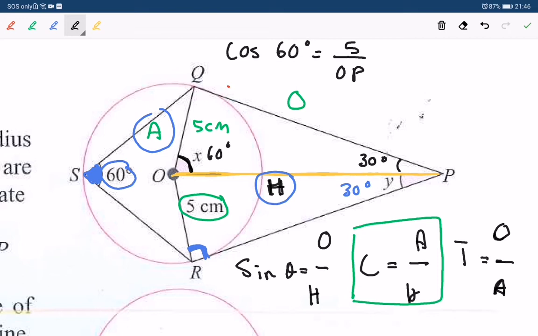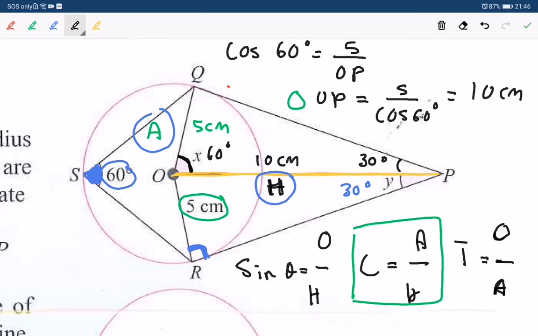Okay, so OP equal to 5 divided by cos 60. 5 divided by cos 60 equal to 10 cm. Okay, so we get the length of this one is 10 cm.